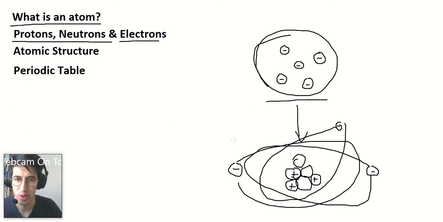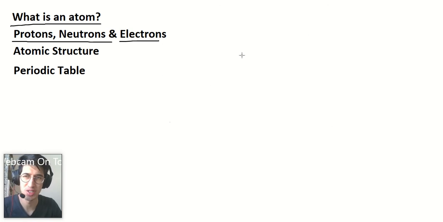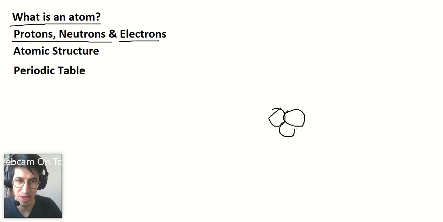We'll get to the next guy, Bohr, and his is the atom that we mostly use in this stage of chemistry. The Bohr atom still has the protons and neutrons in the center, right? That part remains the same, but the electrons are different. The electrons exist in shells on the outside of the atom, okay?